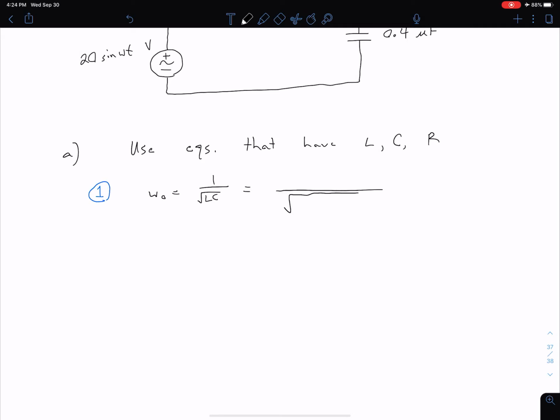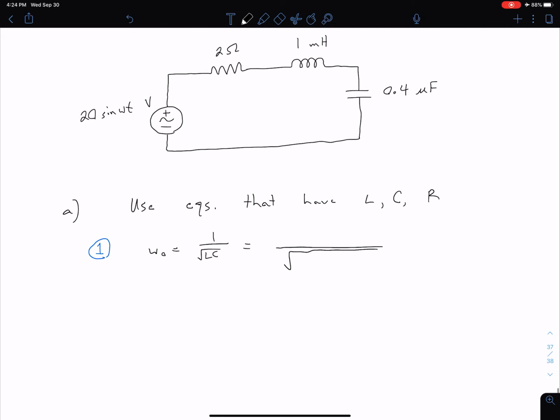So here we have the square root of our inductor, which was 1 millihenry, so that's 10 to the minus third, and our capacitor is 0.4 microfarad, so that's 0.4 times 10 to the minus 6. We plug that in and we get that our resonant frequency is equal to 50,000. The units of that are radians per second, and to make that a little easier to deal with, we can call that 50 kiloradians per second.